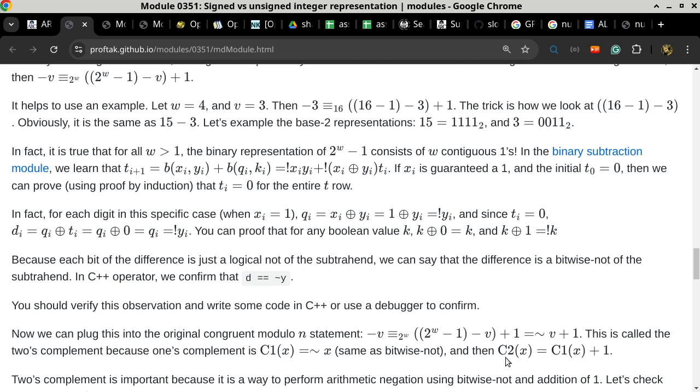All right, I see a few confirmations that this is okay. So now we're going to take a look at a few examples and see whether that works or not. Tell me one property of arithmetic negation. There are two important properties of arithmetic negation that we should be able to prove.